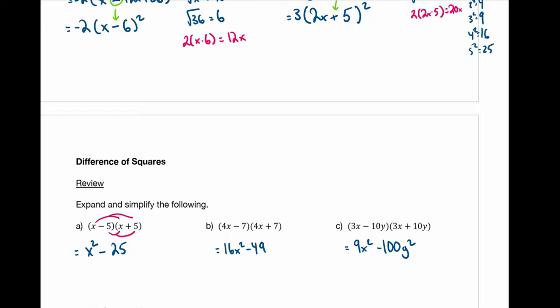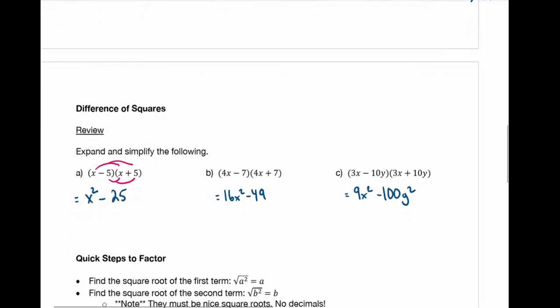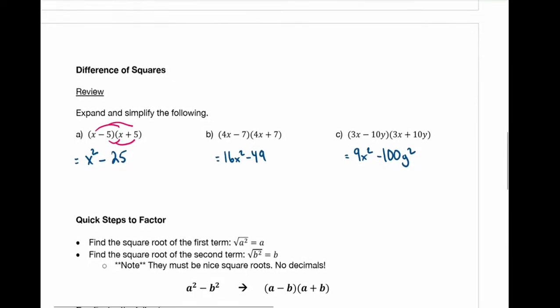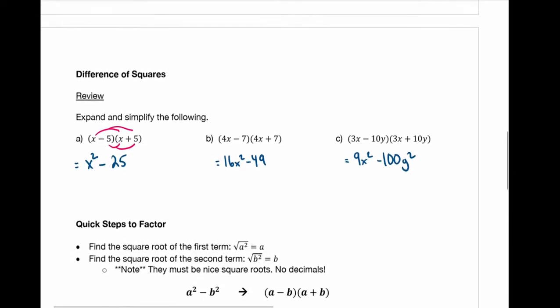So again, you can use the FOIL method, the box method, whatever you wish. It is helpful to recognize the pattern, because that is going to help us when we go into factoring. So the quick steps to factor: we want to find the square root of the first term and find the square root of the second term.